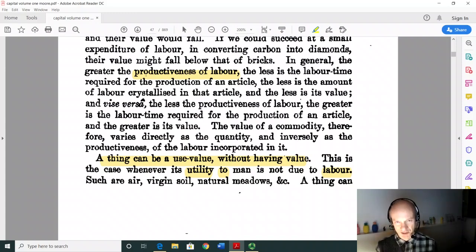I don't need to emphasize that these are in fact discussions we have now very much and very intensively all over the world. What is actually wealth?